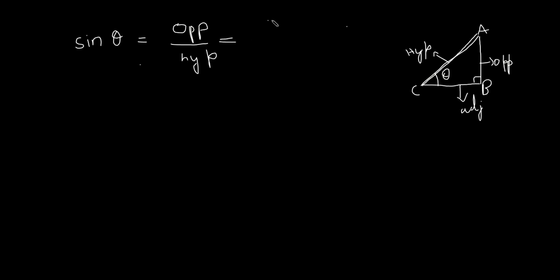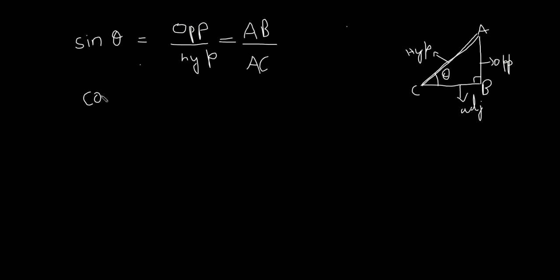In this triangle, that is AB by AC, because AB corresponds to the opposite side and AC corresponds to the hypotenuse.